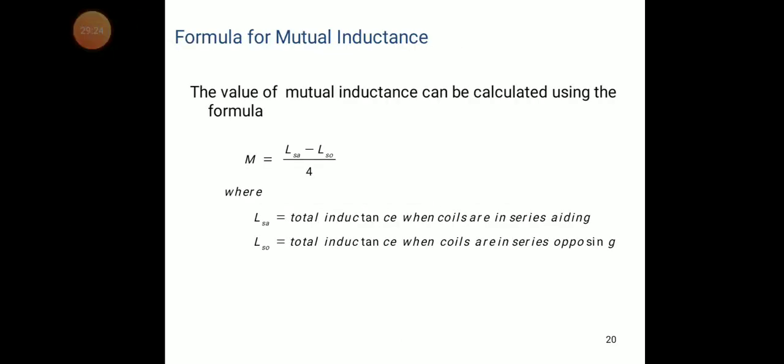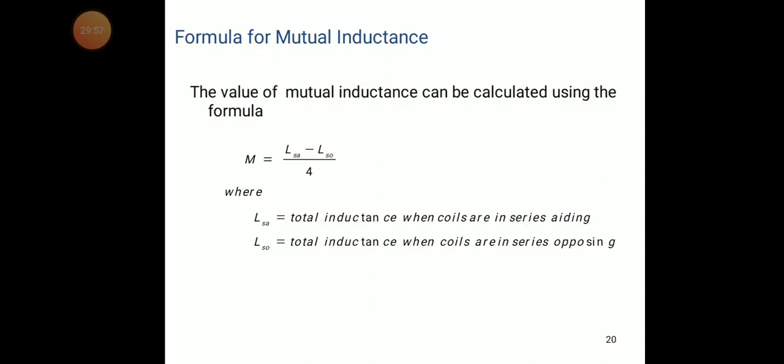Another formula to calculate the mutual inductance is also important to know. The value of mutual inductance can be calculated using M equals (LSA minus LSO) by 4. What is the meaning? LSA is the total inductance when coils are in series aiding, and LSO is the total inductance when coils are in series opposing.